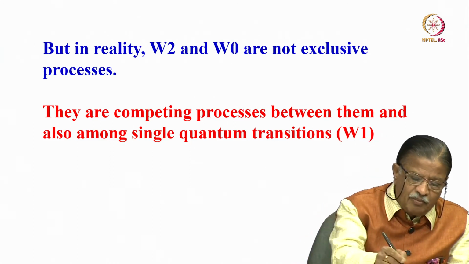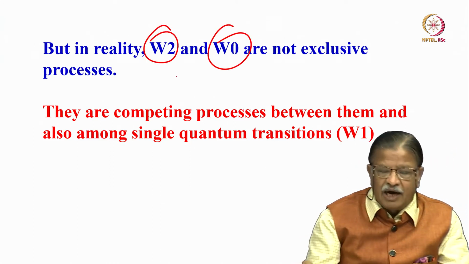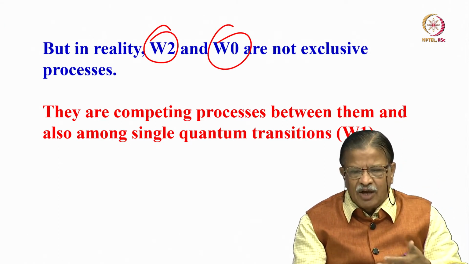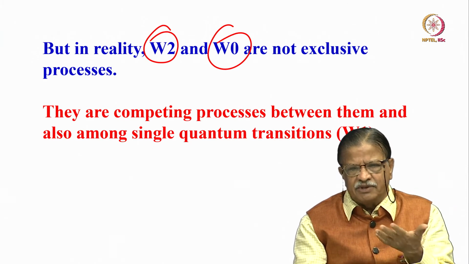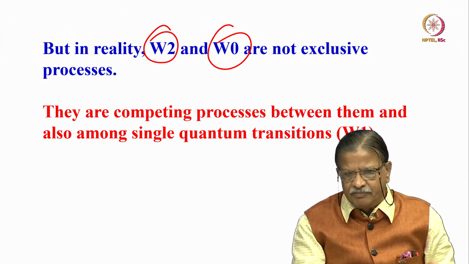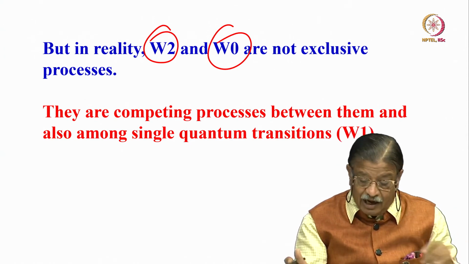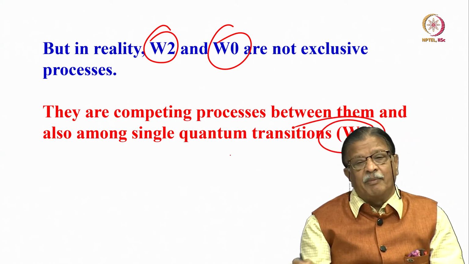But remember, these are not exclusive processes. I told you both W2 and W0 are competitive processes. They can be happening simultaneously. You cannot dictate terms to the nuclear spins to follow one particular pathway. So, it is a natural phenomenon, both can happen simultaneously, and also W1 can be happening.